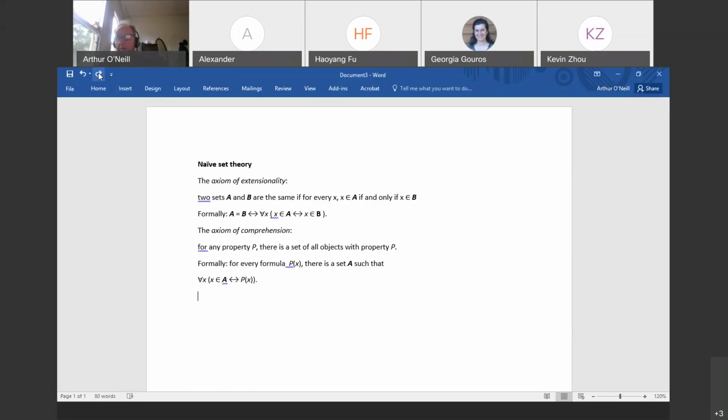That's called the axiom of comprehension. Formally, the upside down A here means for all x. For all x, x is a member of set A if and only if x has property P. Beautiful, eh? Lovely.